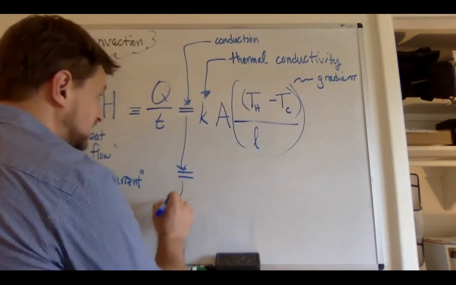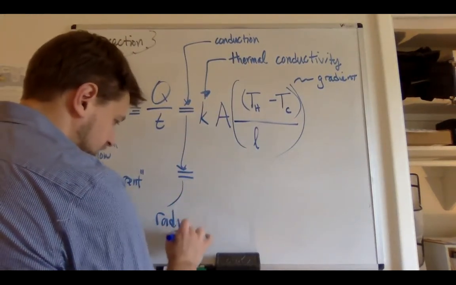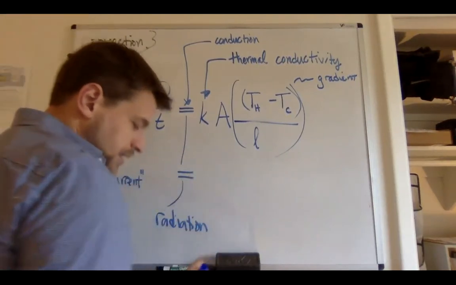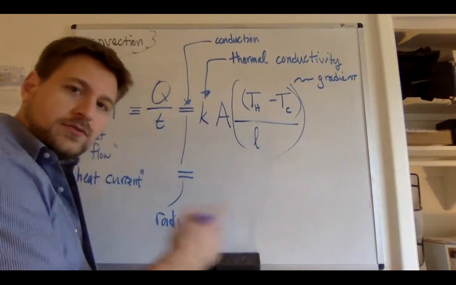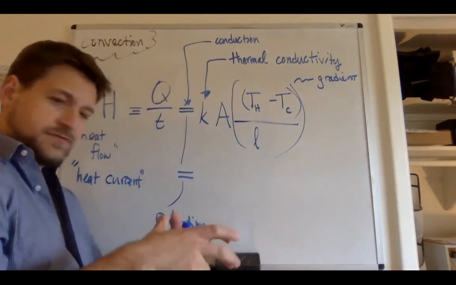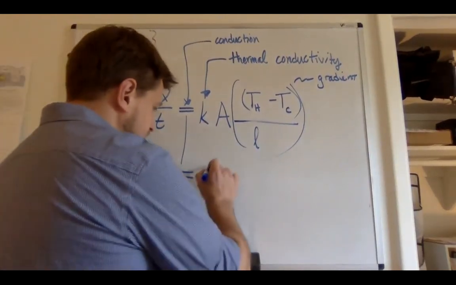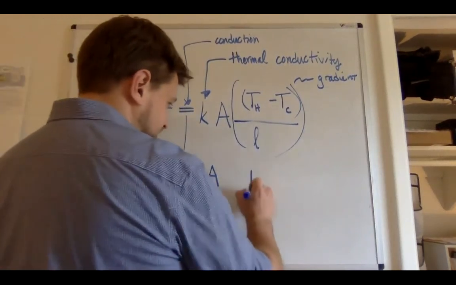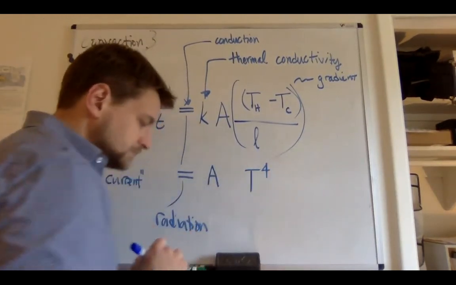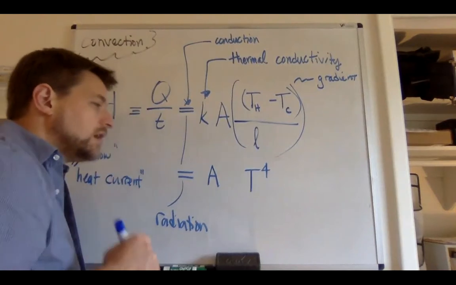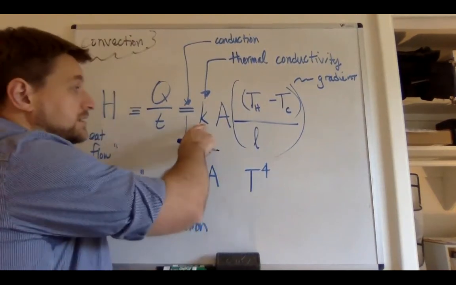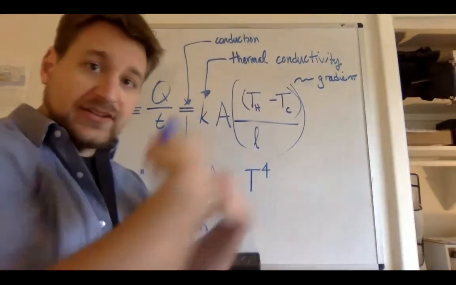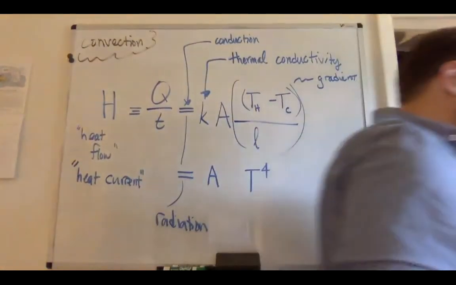If we want to talk about radiation instead, then again, we need to know the area of the surface that is emitting. We need to know its temperature. And we need to know, kind of like conductivity, how good a job does this thing do at emitting radiation?